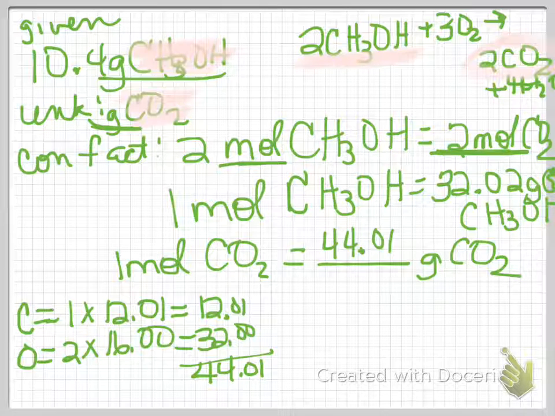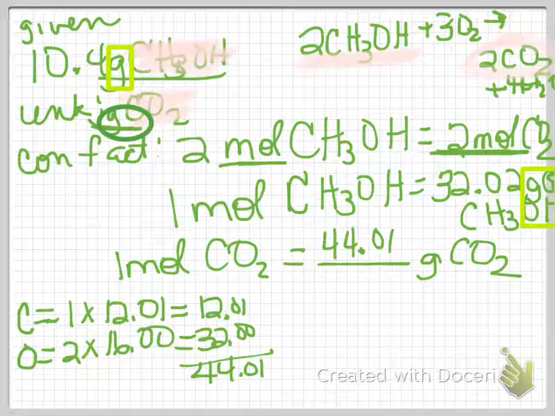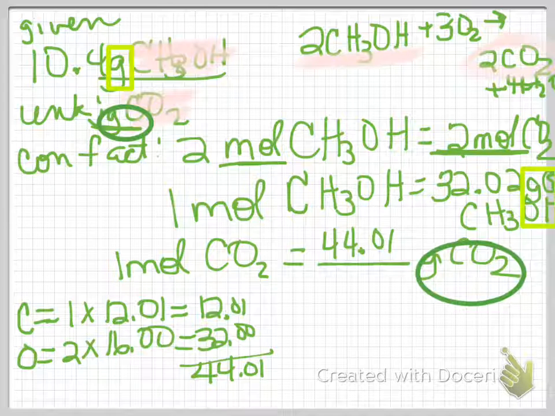Okay? Now then, I finally have, and I've boxed this for you in your videos and circled it and done everything I can do. There's grams of CH3OH, and then here is grams of CO2. That's so important. If you can answer those questions, then you are ready to go.